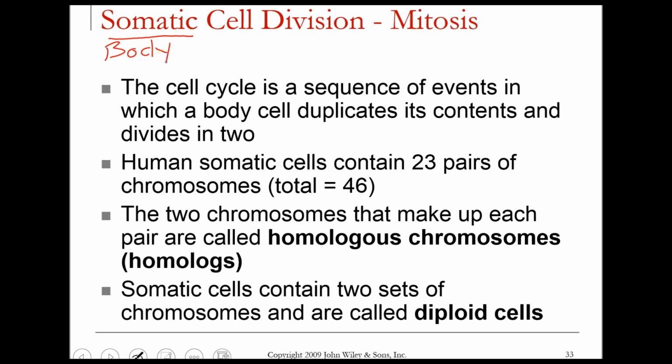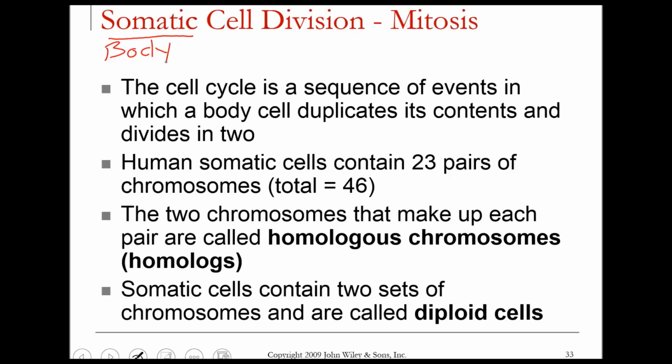So this is body cell division: all cells in your body other than your sex cells that are found in your testes or your ovaries. The cell cycle is a sequence of events where a body cell, a somatic cell, can duplicate its contents. It will duplicate the DNA, make a lot more organelles, and then divide into two.